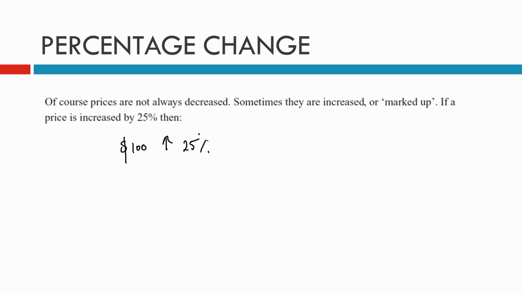25%. Well, we already know that 25% of 100 is $25, isn't it? We worked it out before. So if I want to increase from the original price to the new price, what's that going to be? It's going to be 100 plus 25, which is $125. Again, increase works the same way as decrease before, but the opposite way.